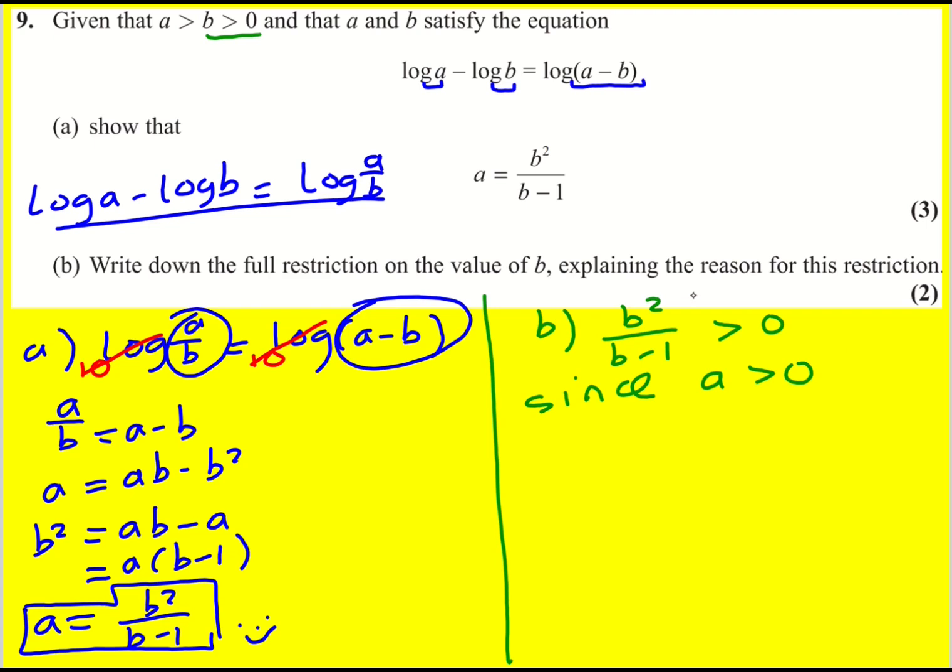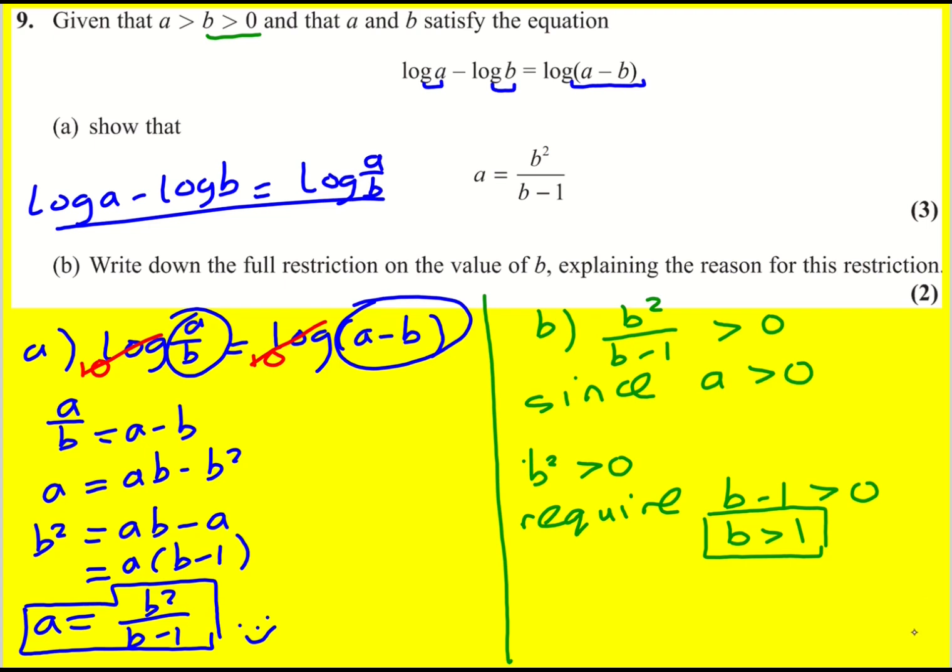So I know that the top is always positive or 0 to be fair, but actually it's greater than 0. b is greater than 0, so b squared is greater than 0. So what we actually require is that b minus 1 is also greater than 0. Otherwise I'd be divided by a negative, and I would get a negative overall. And therefore, I actually require not just b greater than 0, but b greater than 1 for this to be true. So nice little add-on to this question. Yeah, good.